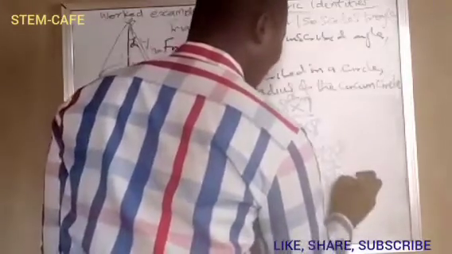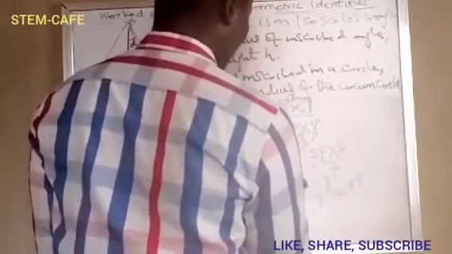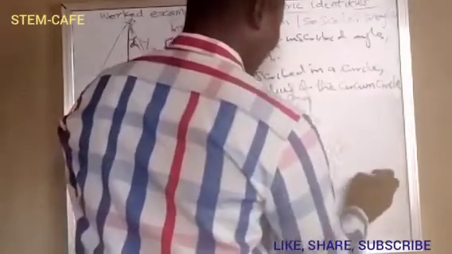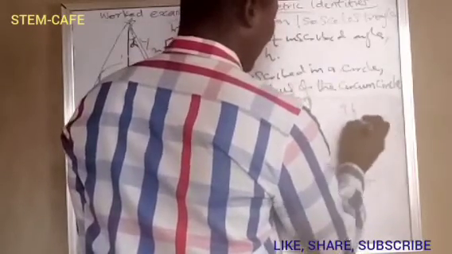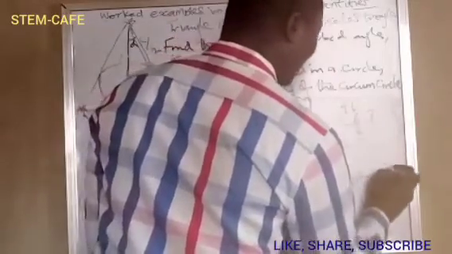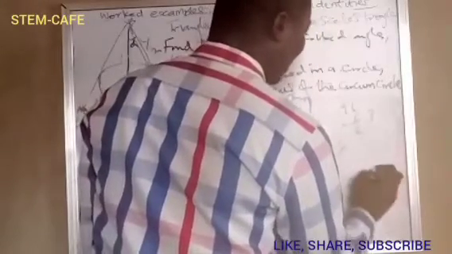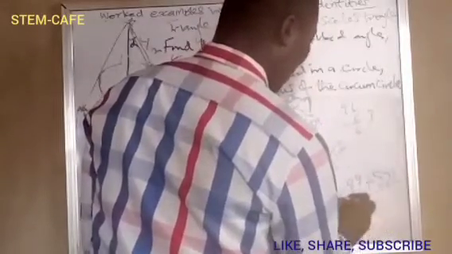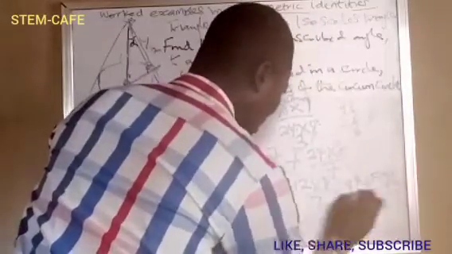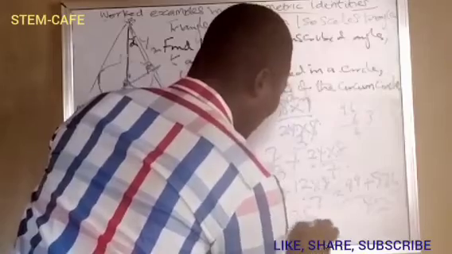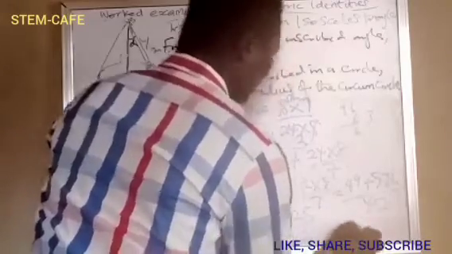That is 49 plus 12 times 8, 96. 96 times 6, 576 over 42. So R will be equal to 625 over 42. Thank you.